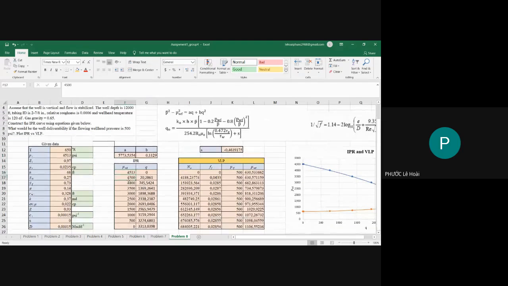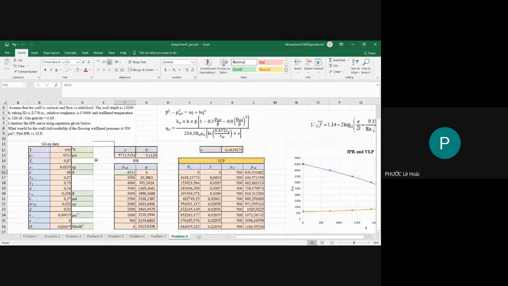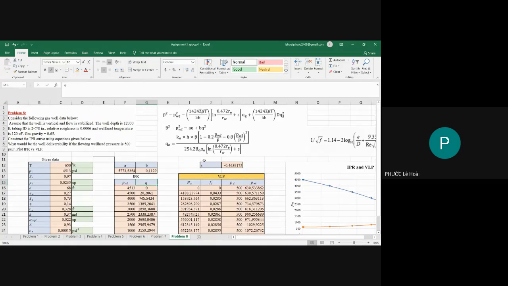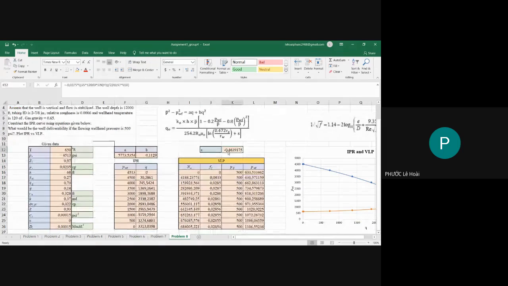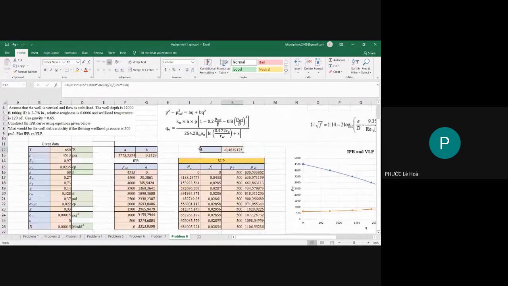For the pressure, we will arrange from 0 to 4,513 psi. And for the flow rate, you can have this number. And move to S here, which is about the skin factor. So sorry.